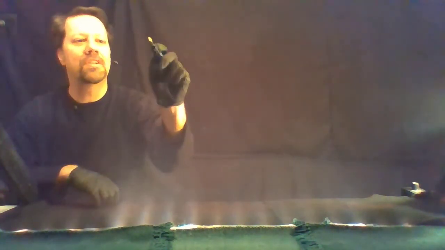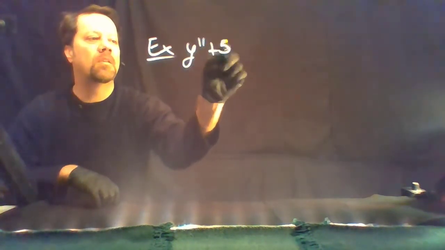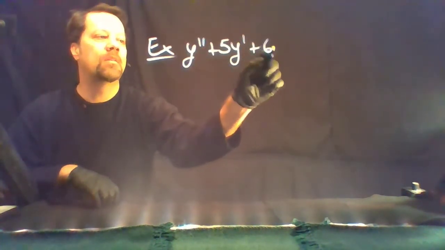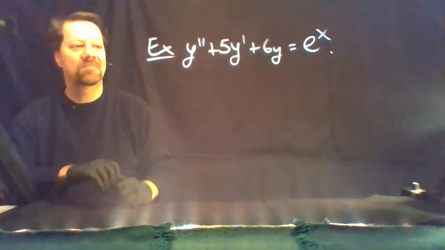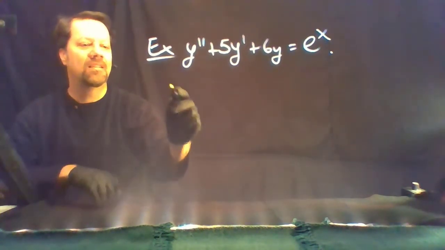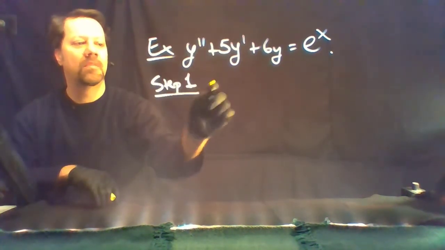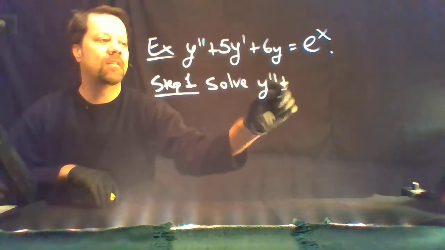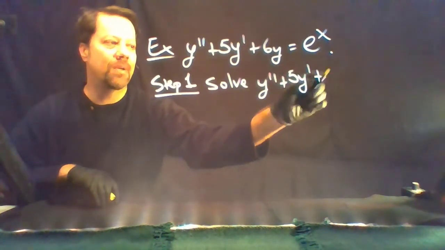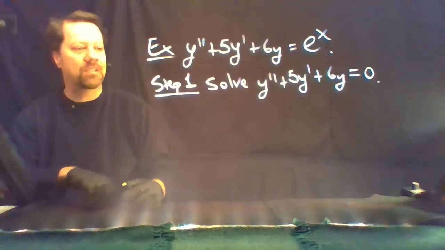Consider the differential equation y double prime plus 5y prime plus 6y equals e to the x. Step 1 will solve the corresponding homogeneous equation. This is absolutely necessary.